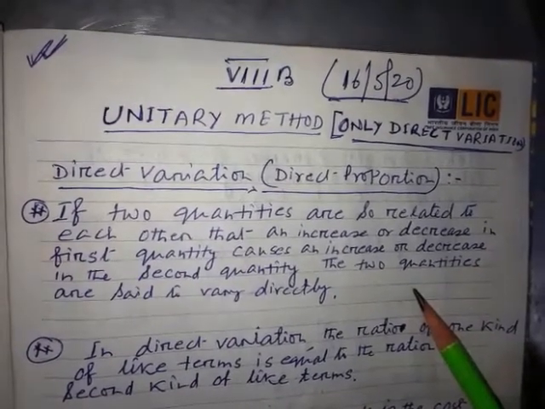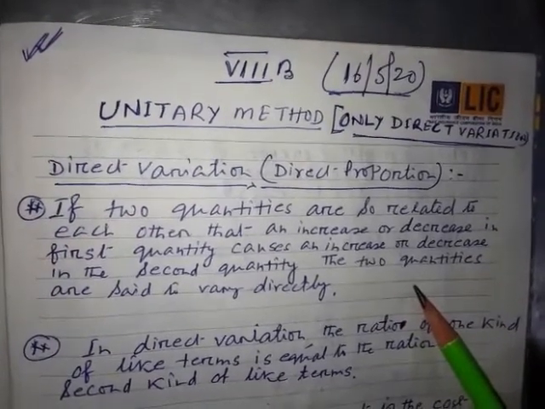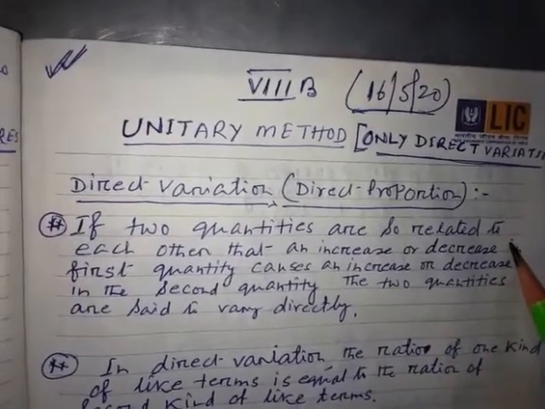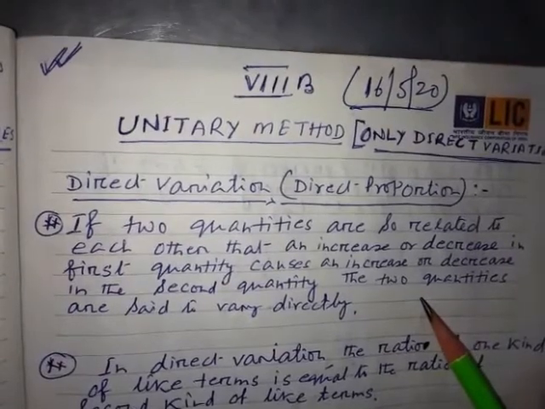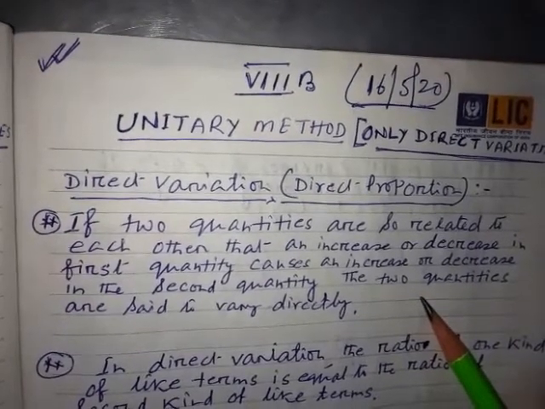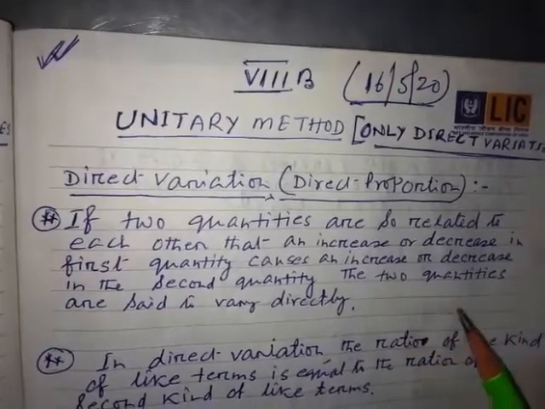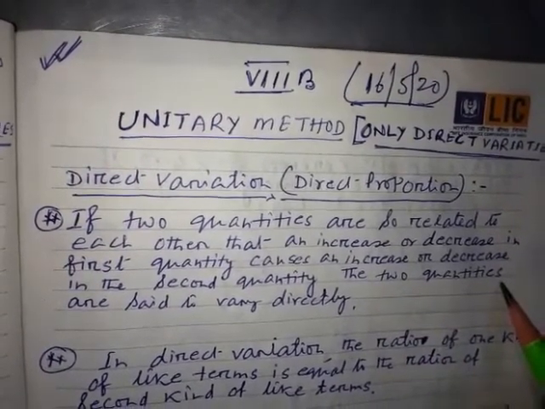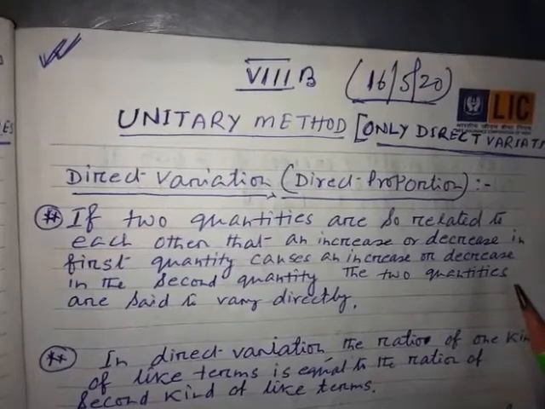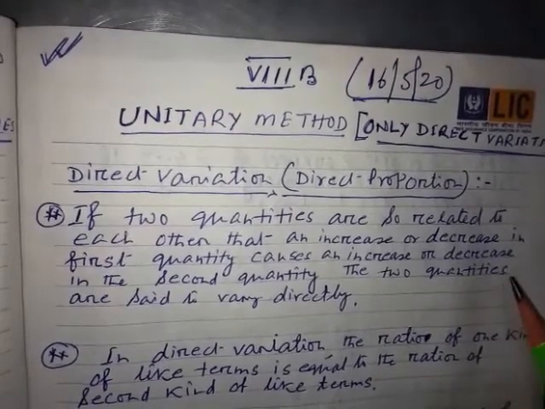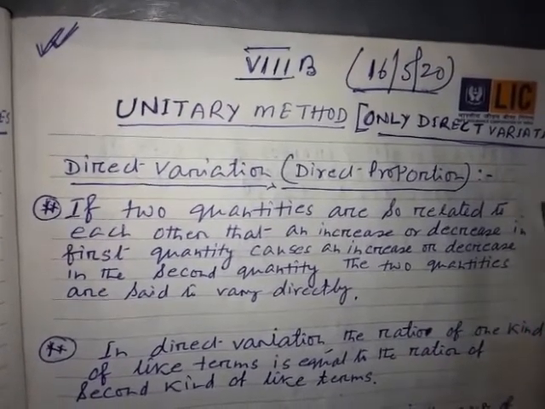On the other hand, what is called inverse variation? In inverse variation, when one quantity increases, the other quantity decreases, and when one quantity decreases, the other quantity increases. They are called inverse, or in other words, inversely proportional, and this is called directly proportional.